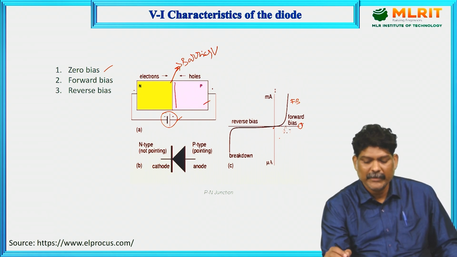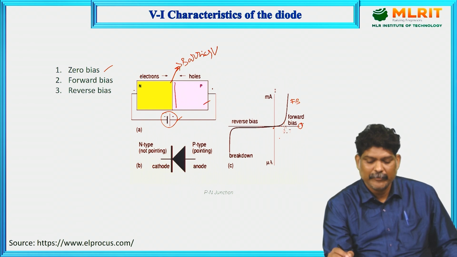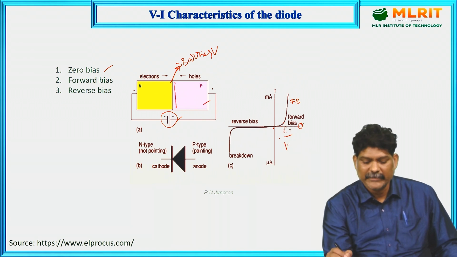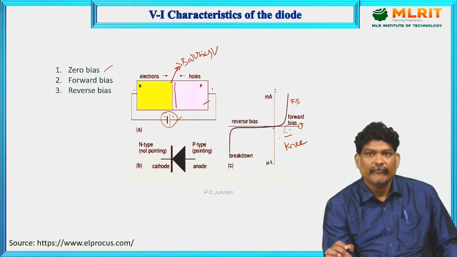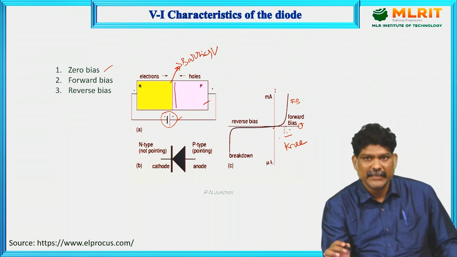This voltage is nothing but the cut-in voltage or barrier voltage, also called the knee voltage. What do you mean by knee voltage? Knee voltage is the voltage from which the diode starts conducting, and after that the diode current increases drastically.